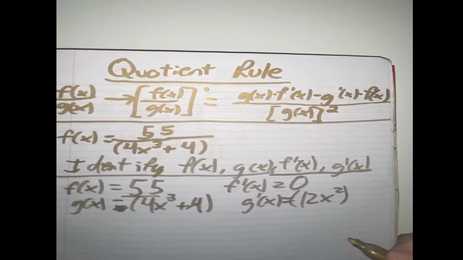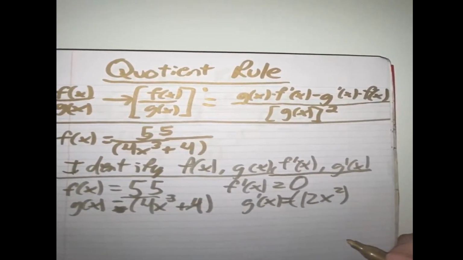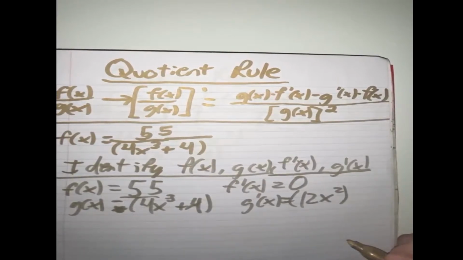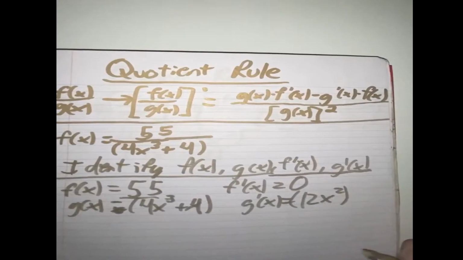So now that we have f of x, f prime of x, g of x, and g prime of x, the next step is to plug it all into the quotient rule.